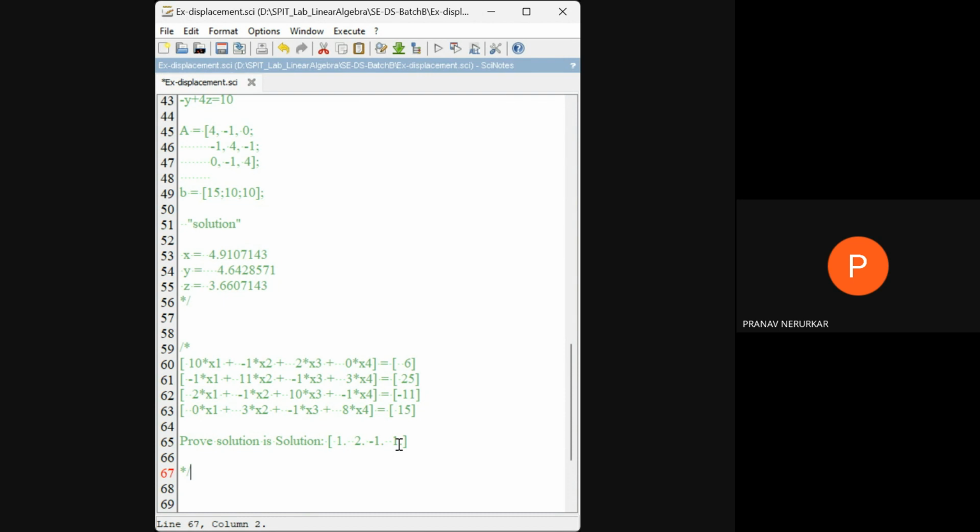What they have given: x1 is 10, minus 1, 2 and 0. x2 is minus 1, 11, minus 1 and 3. x3 is 2, minus 1, 10 and minus 1. x4 is 0, 3, minus 1 and 8.